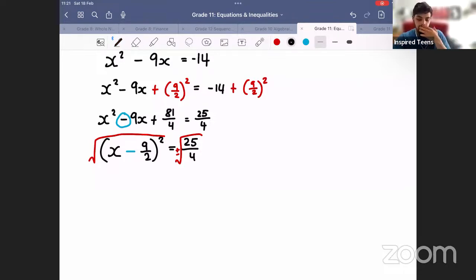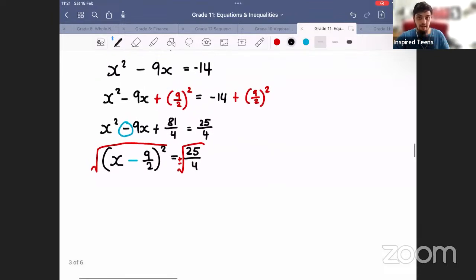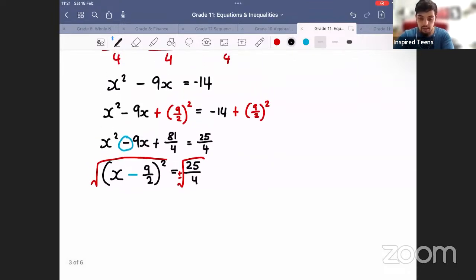The answer is 64 over 9. I'm talking about negative 14. Are you sure you took negative 14? Where are you talking about?